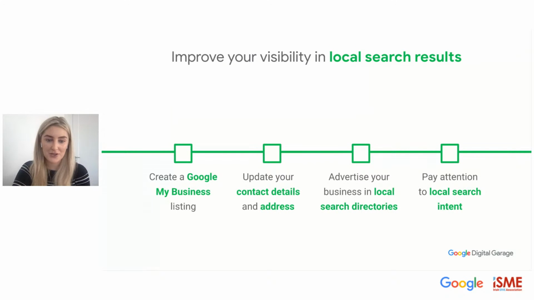But if the results don't match your needs, you're likely to disengage. By paying attention to local search intent using trends, analytics, tools such as Keyword Planner, you'll be able to identify the searches that people look for locally and the words that they use to find the specific information.